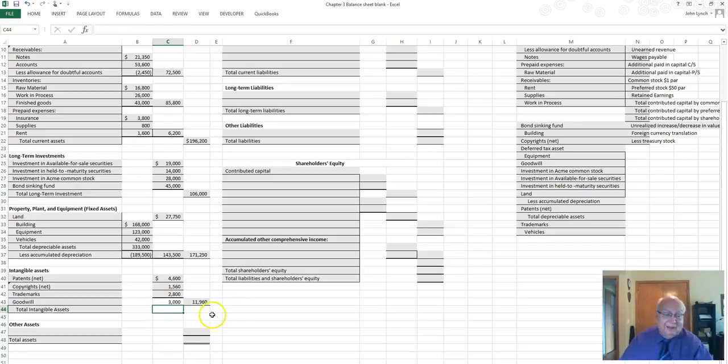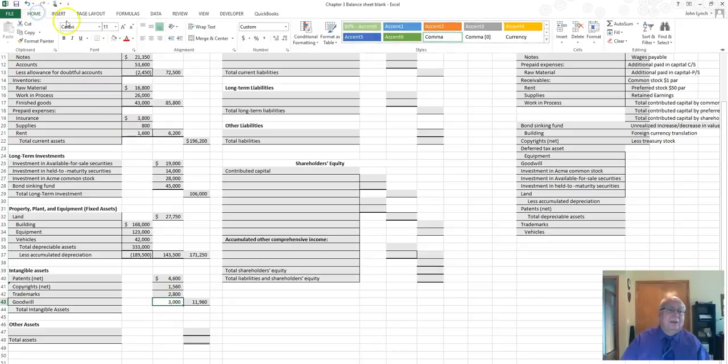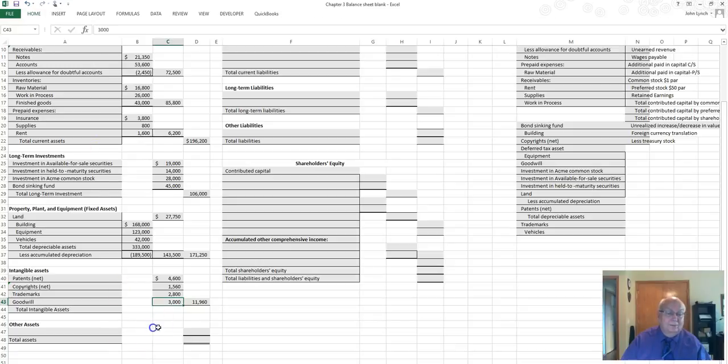And that gives me my 11,900. Okay, that'll work. Which means I forgot to... there. That works. Okay. So that adds up to 11,600 for total intangible assets. And that goes down one. There we go.